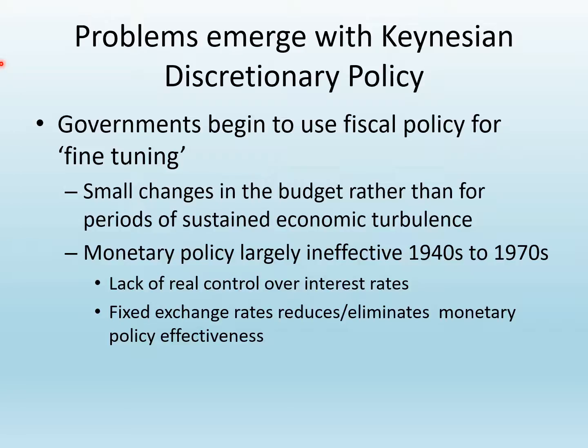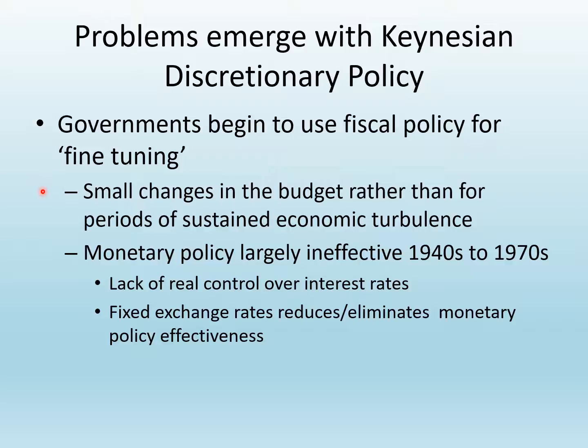One of the problems that began to emerge with the use of Keynesian discretionary fiscal policy, and this was no fault of Keynes, is that governments began to use fiscal policy for what became called fine-tuning. And fine-tuning is where governments started to use fiscal policy not when there were major problems in the economy, but rather when there were minor problems in the economy.